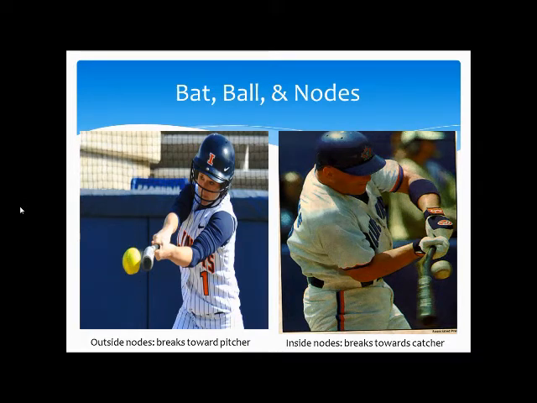If you hit outside of the nodes, the bat will break towards the pitcher if it's hit hard enough. If you hit it too hard inside of the nodes, closer to your grip, the bat will break towards the catcher. As you can see in this picture, the girl is hitting outside the nodes, so it's breaking towards the pitcher, and the ball is hitting inside of the nodes, so it's breaking towards the catcher.